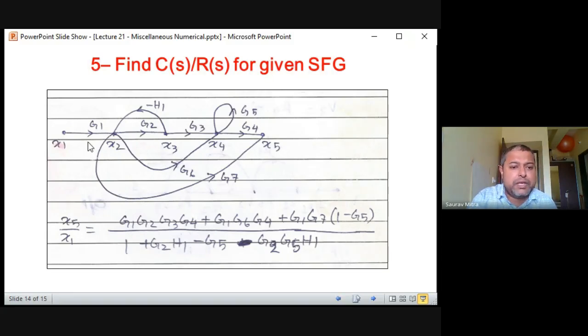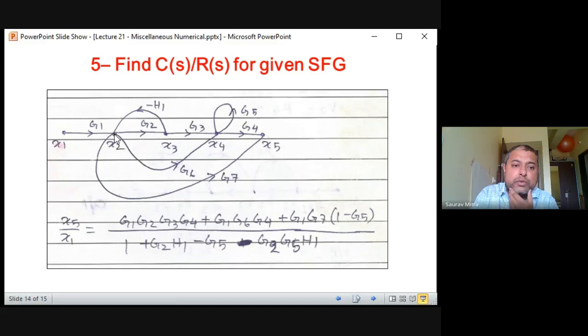What is the second path? G1, G6, G4. Where is that? This is G1 and this is G6 and this is G4. Okay, so this G6 and G7, they are also forward in direction. So G1, G6 and G4. This forward path is also touching both the loops, because the X4 node is common for the G1, G6, G4 forward path and this self loop.